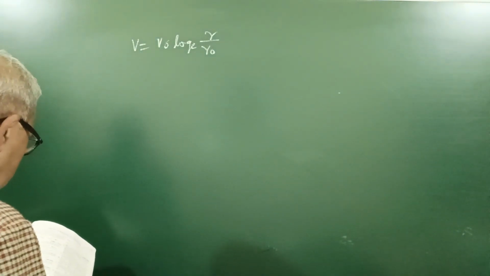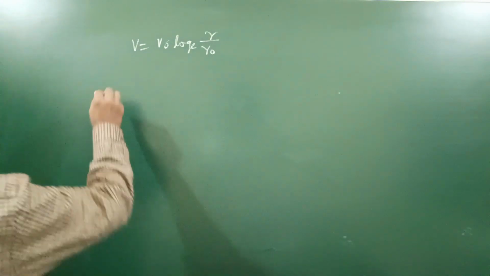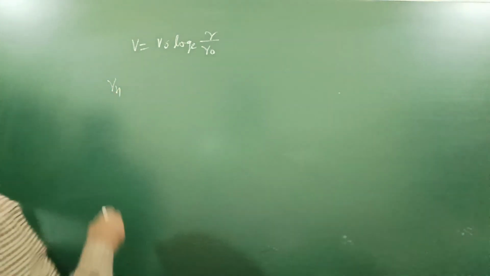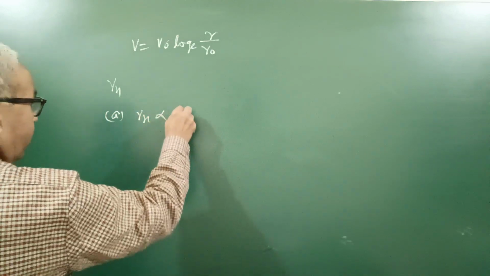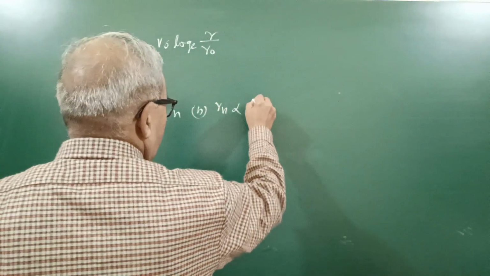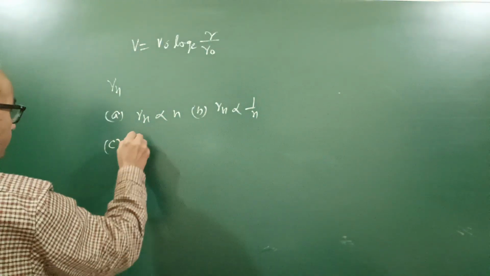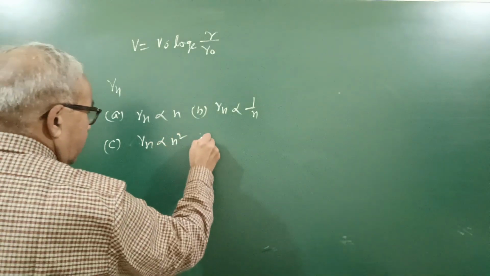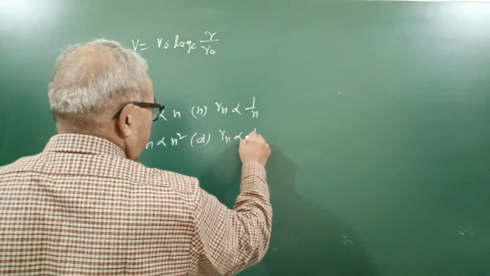Assuming the Bohr model to be applicable, the variation of radius Rn with principal quantum number: option A, Rn proportional to n; B option, Rn proportional to 1 upon n; C option, Rn proportional to n square; and D option, Rn proportional to 1 upon n square.